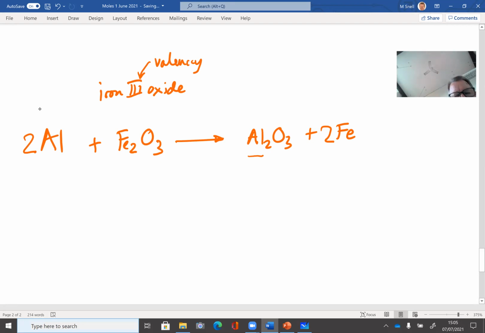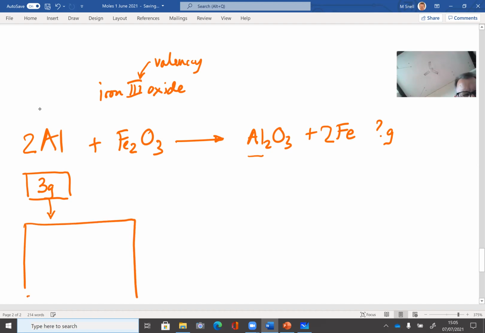What I want to know is, if I start with 3 grams here, this would go in my first small box, then how many grams of iron can I produce? So my calculation will go small box, big box. This is for working out moles. This goes all the way over here.